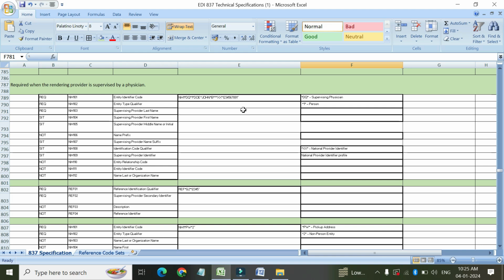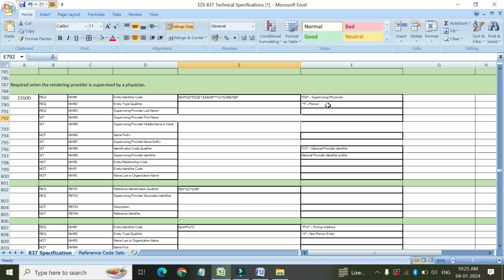Okay, and let's move to 2310D. So what is 2310D? 2310D contains supervising provider's information. Now, what is a supervising provider? So suppose you are actually being treated by a training doctor or a physician assistant or a mid-level provider. Mid-level providers are like nurse practitioners or physician assistants. Those are also called mid-level providers.